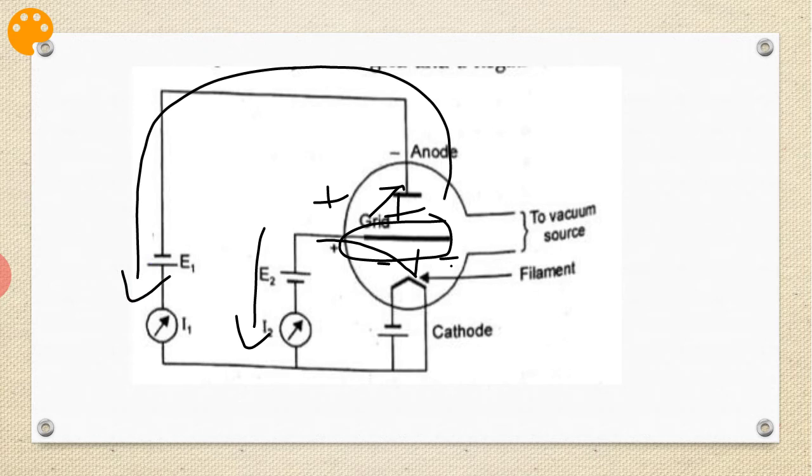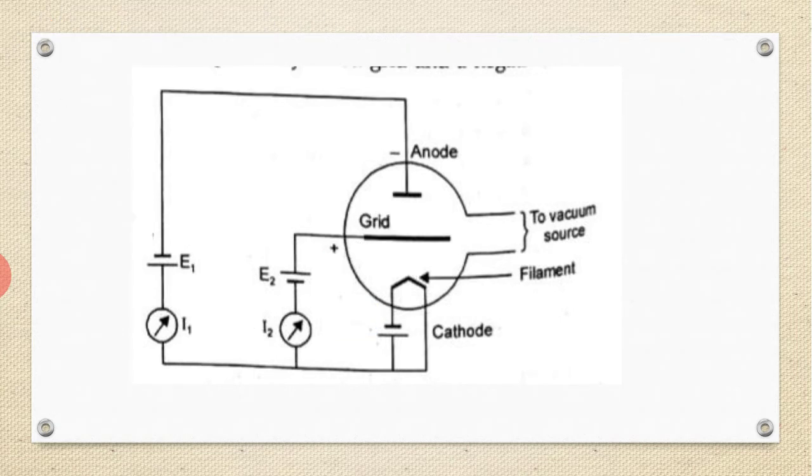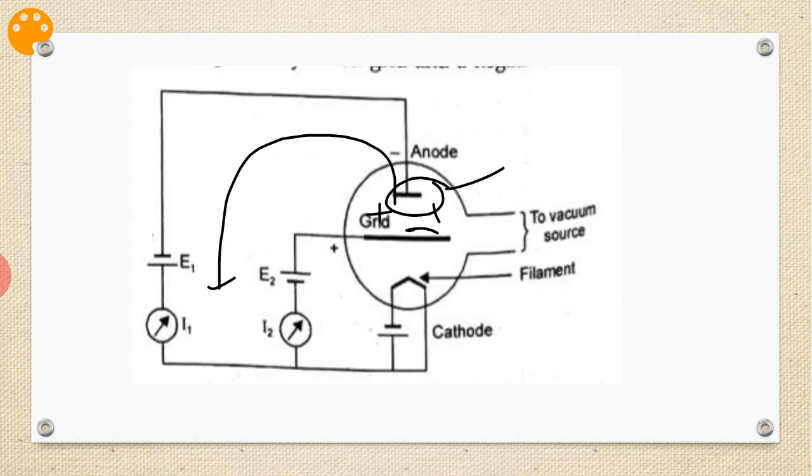So first I2 flows, because when the filament is heated up it liberates electrons, and because the grid is positively charged, I2 flows. Next, the highly energetic electrons react with the gas to be measured, so ionization takes place, and the positive ions move towards the negatively charged anode, and the current I1 flows.